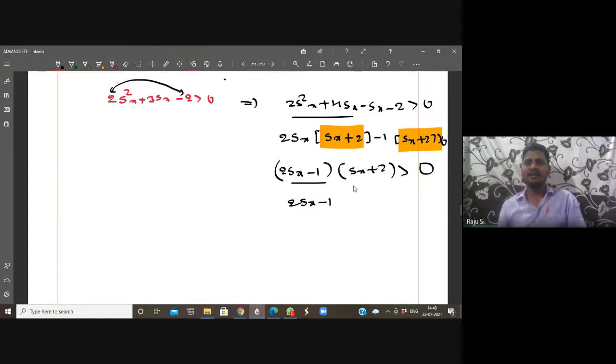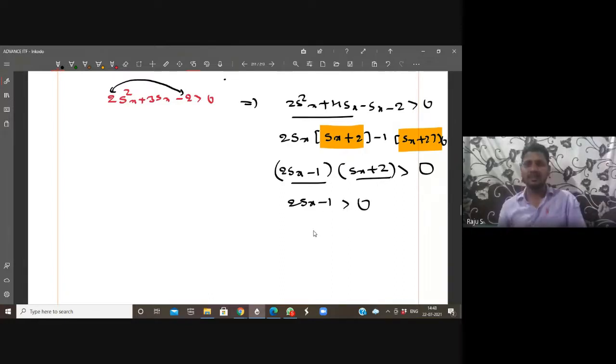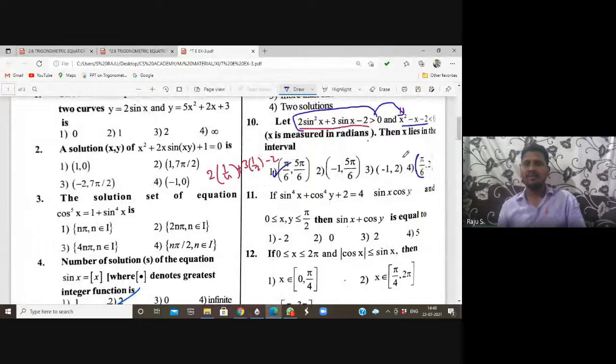Either this is greater than 0 or this is greater than 0. Is it possible for sin x plus 2? No. So we can consider this is greater than 0, nothing but 2 sin x is greater than 1. Sin x is greater than 1 by 2. 1 by 2 is nothing but sin pi by 6. Sin gets cancelled. x is greater than pi by 6, which means either the answer is the first one or the last one.